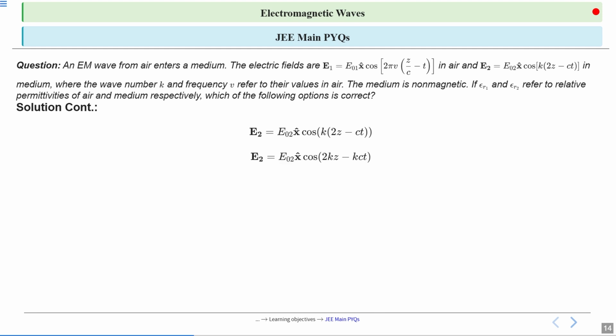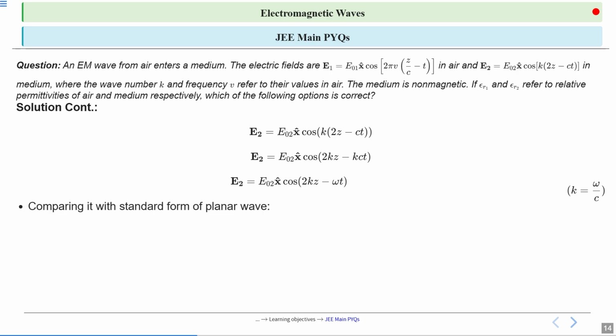So E2 is equal to E naught 2 x cap cos (2kz minus 2kct). The 2kz will remain as it is, and for 2kct, since omega by c is equal to k, kc equals omega. So E2 will be equal to E naught 2 x cap cos (2kz minus omega t).